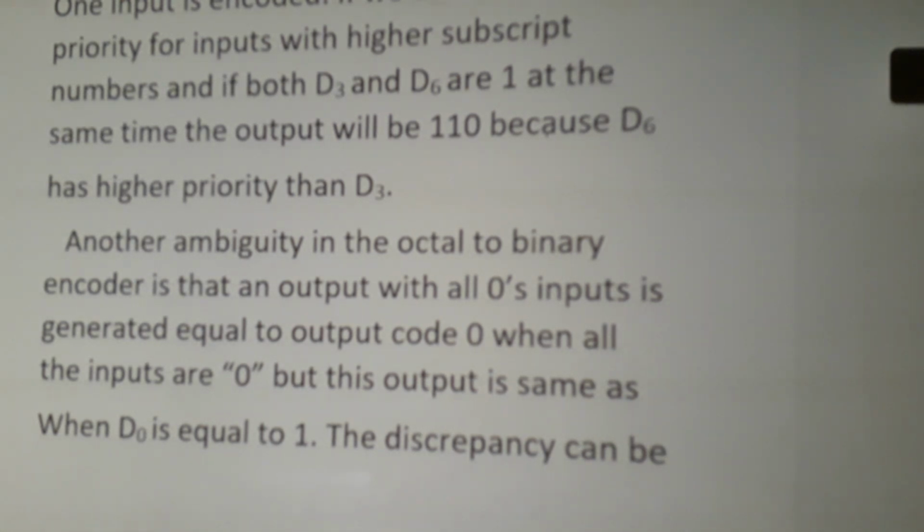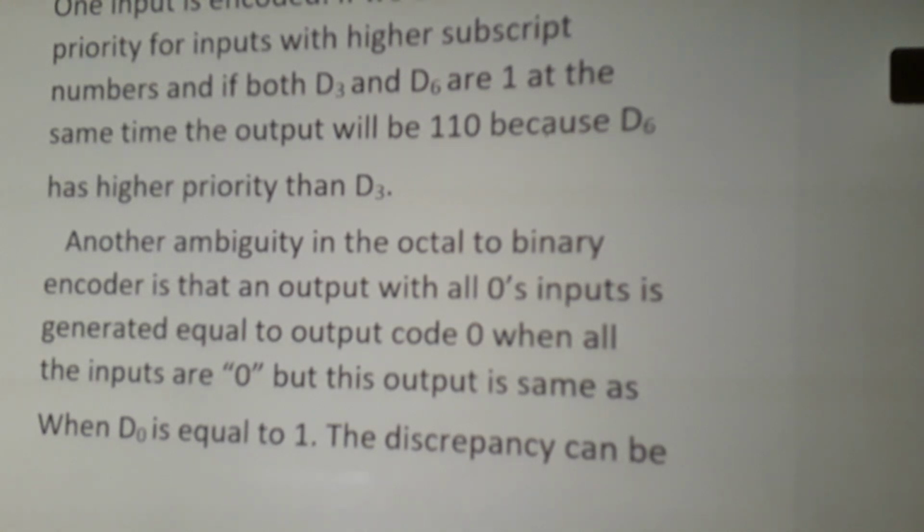So we will give priority to the higher order subscript, so then the encoder will consider only the one which has the higher subscript value, and the lower subscript one will be ignored.